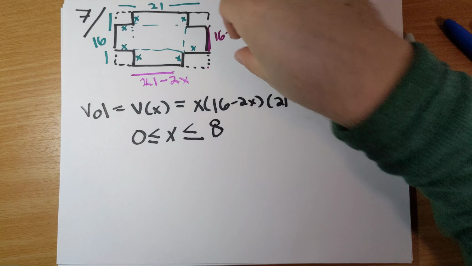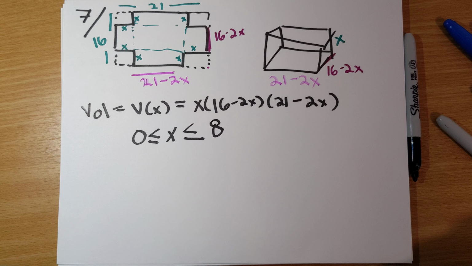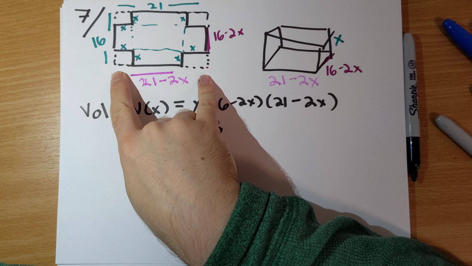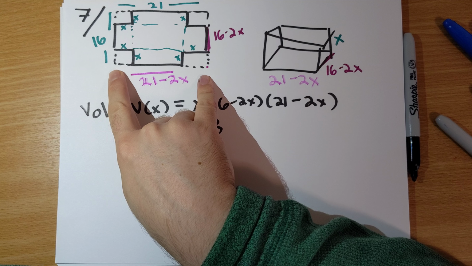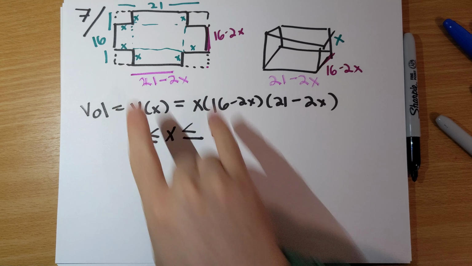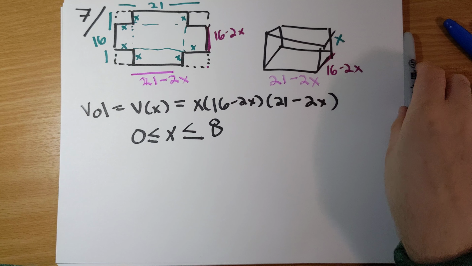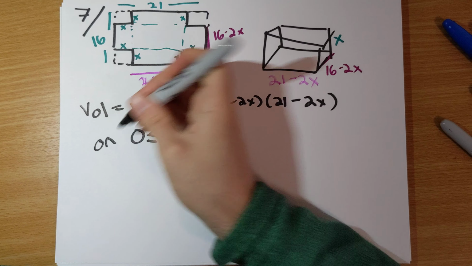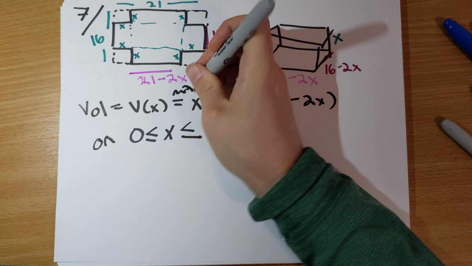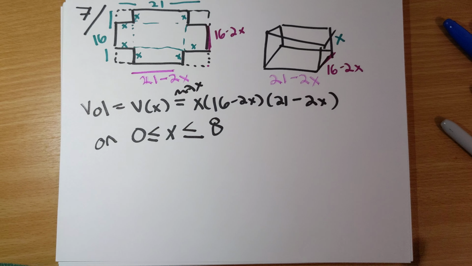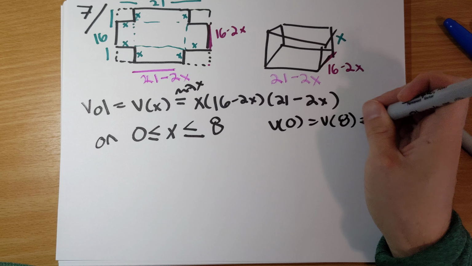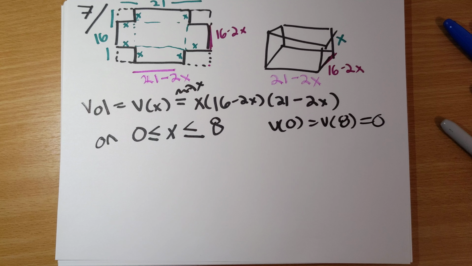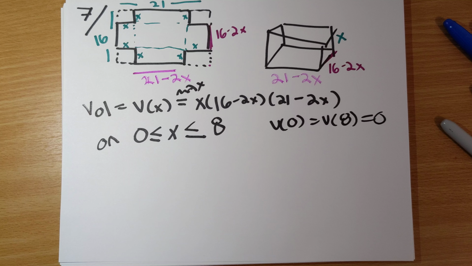There's nothing left to the side here. Note that the other side also gives us x can be at most 10.5. By a similar argument, 10.5 is bigger than 8, so we go for the tighter bound here. So our goal is that we want to maximize the volume on this interval. Of course, V of 0 and V of 8 are 0 here. So those are the endpoints.